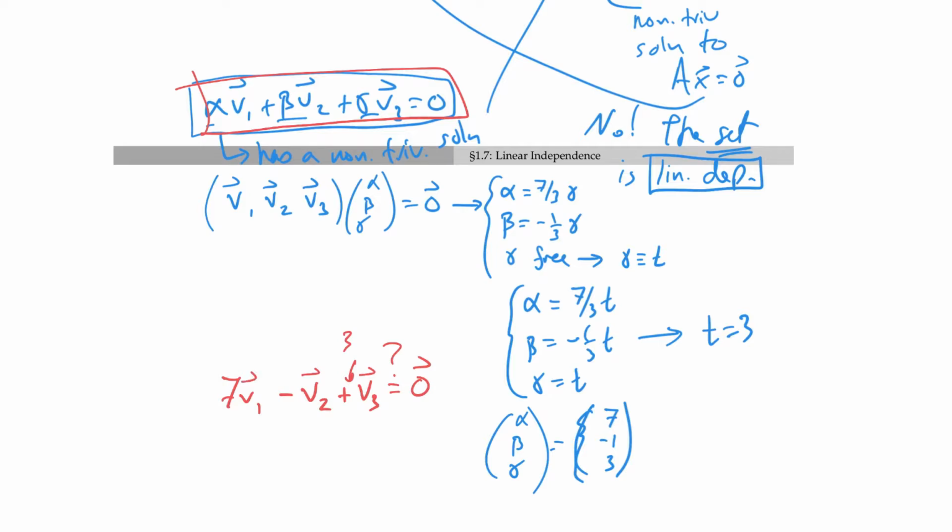Well, v1 was 1, 2, 3, so that's 7 times 1, 2, 3, minus 4, 5, 6, plus 3 times -1, -3, -5.